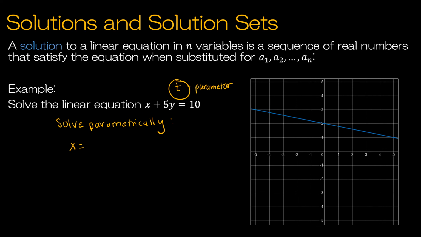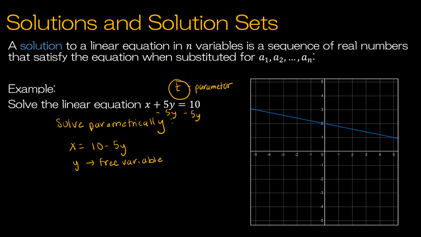So to get x by itself, I'm just going to do some normal algebraic manipulation. I get x is equal to 10 minus 5y. And y is then going to be my free variable. So think about the independent, dependent variables.